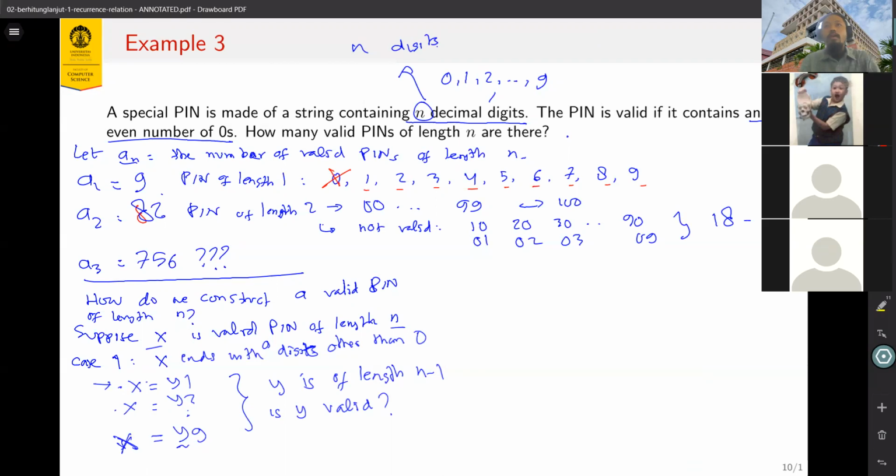Does it contain an even number of 0s? Yes. Why? Because y isn't 0. How do we know y is not 0?